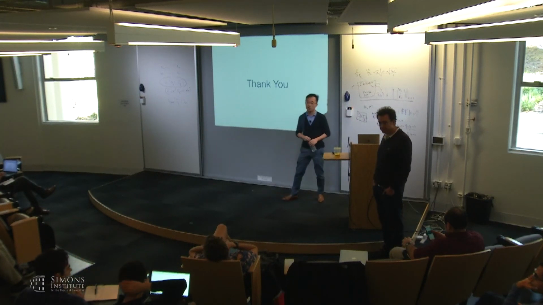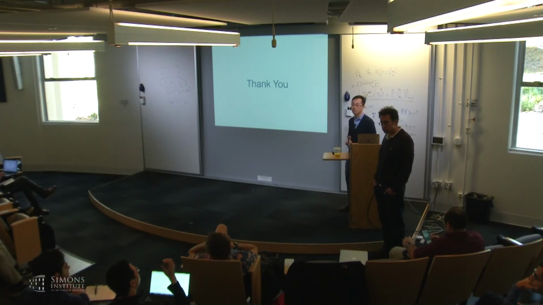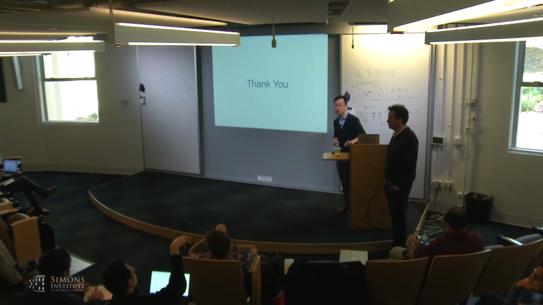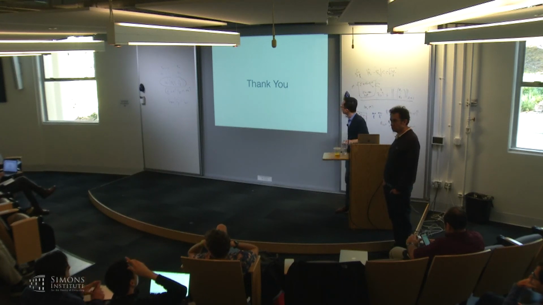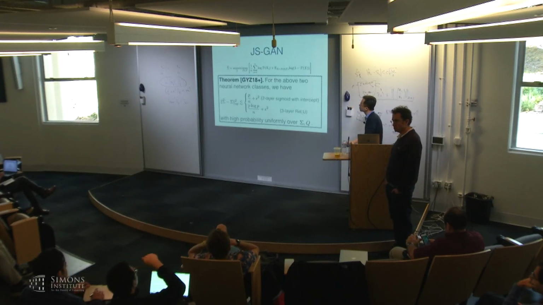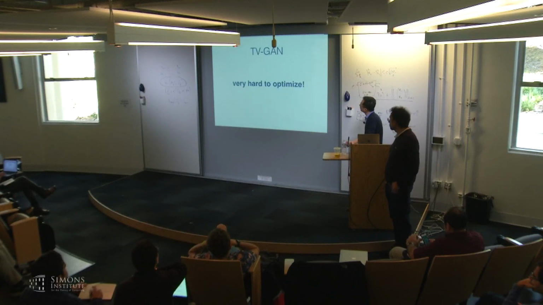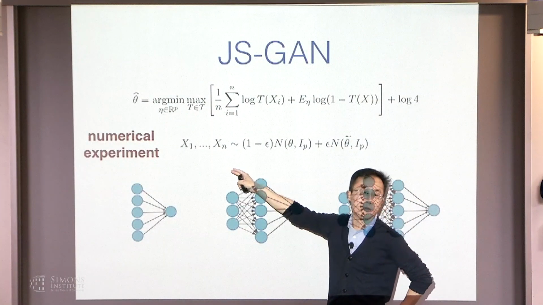Jason? In your generator, why is it always just a mixture of 2 Gaussians? I thought the contamination model was anything. No, the contamination model can be any distribution. When I say I have a mixture of 2 Gaussians, this is just a numerical experiment.